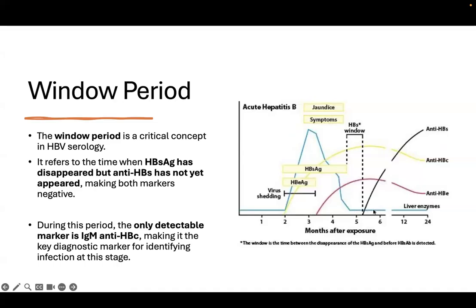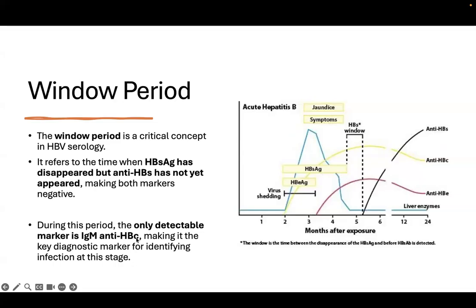So this is called the window period, where the only thing that you see in the blood is IgM anti-HBC, the core. You do not have any surface antigens and you do not have any anti-surface antibodies, only your IgM anti-core markers.